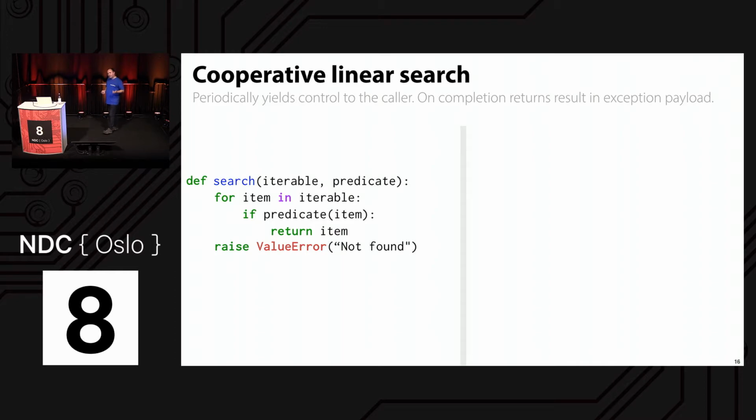What we'd like to do is turn our search function, which is completely non-cooperative, into a cooperative search so that it can yield control to some other piece of the program. And all we need to do to make that cooperative is to insert a yield keyword. So we're just going to stick yield here inside the loop so that we yield once through the loop.